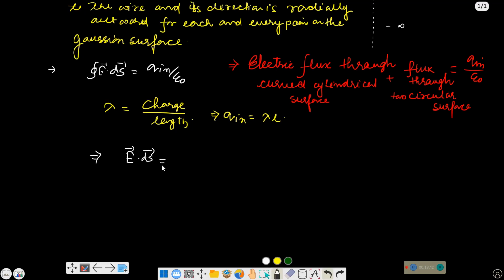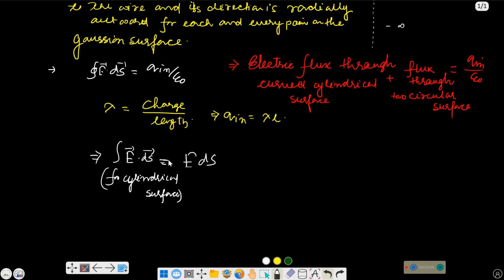So E dot ds for the cylindrical curved surface will be equal to what? E dot ds. Since the electric field direction and the area vector direction for each and every point on the cylindrical surface are parallel, we can write it as E ds.